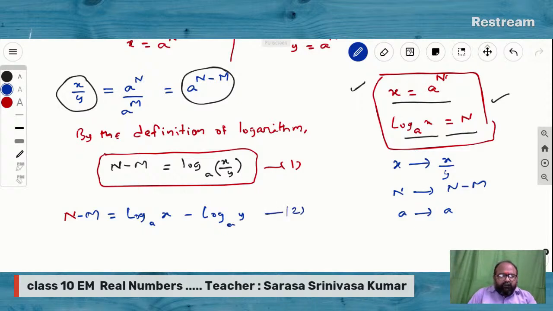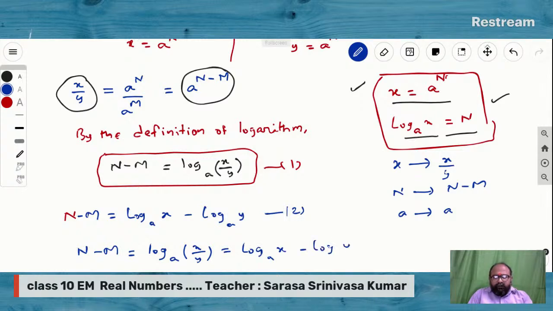From equation 1 and equation 2, we can write n minus m equal to log x by y base a equal to log x base a minus log y base a. So we can conclude this.